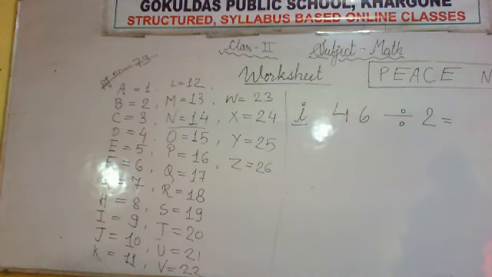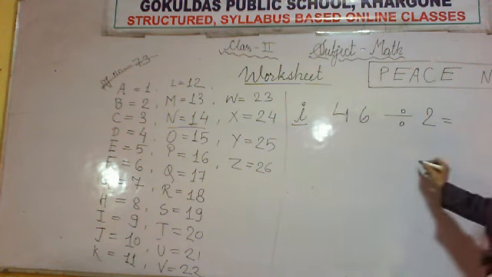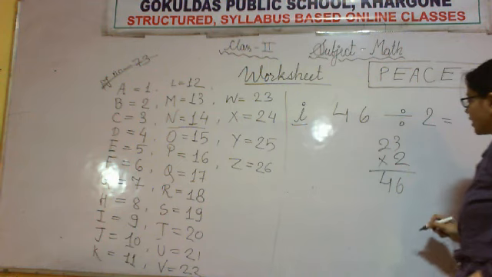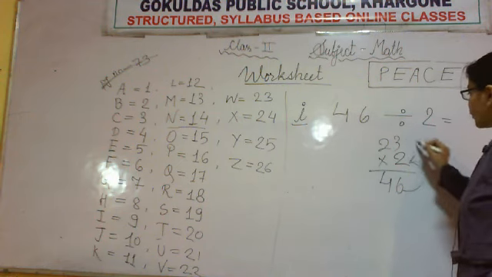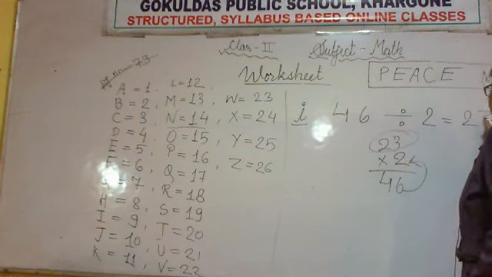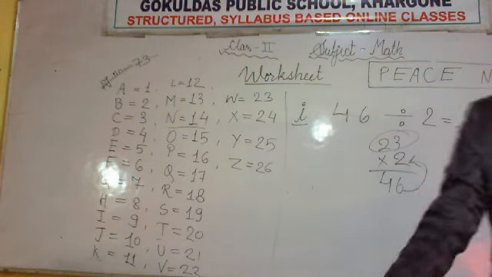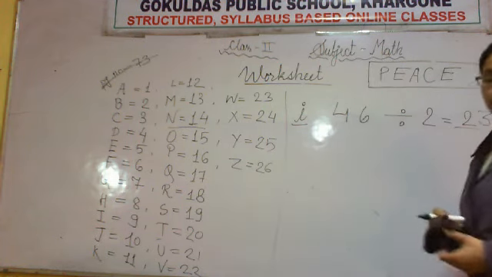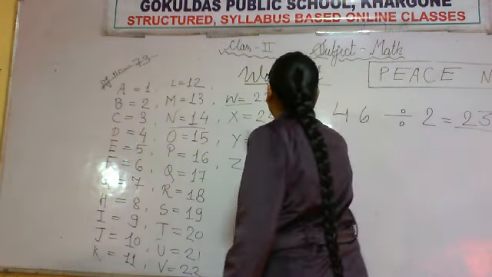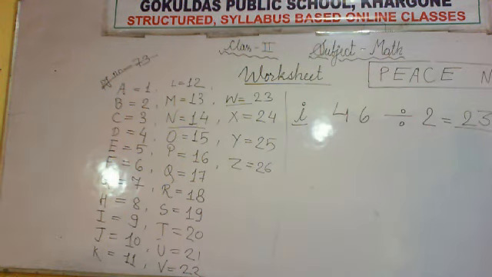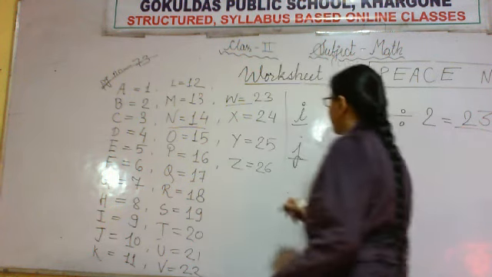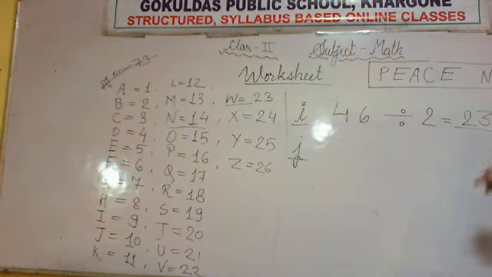So now we need to divide 46 by 2. So if we multiply 2 by 23, then we will get 46. So if we divide 46 by 2, we will get 23. So for the number 23, which letter is there? W. So let's write W. So 46 divided by 2 is 23.